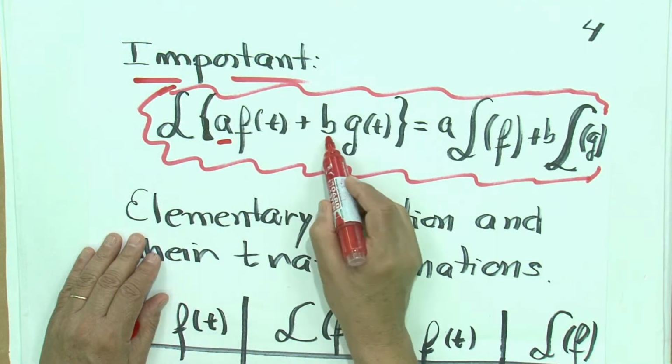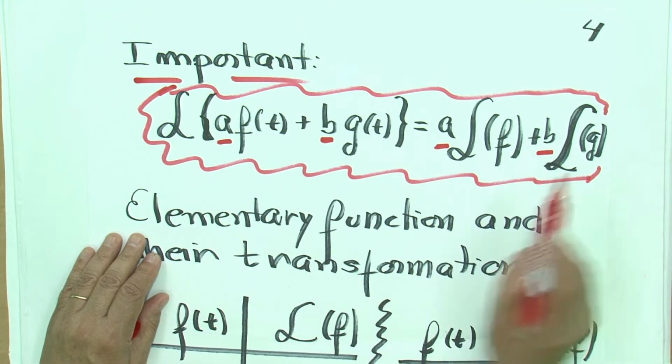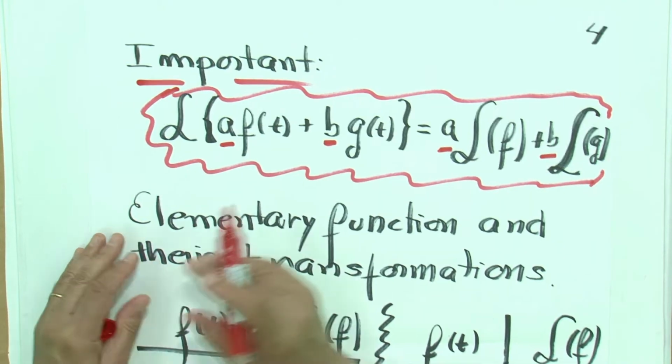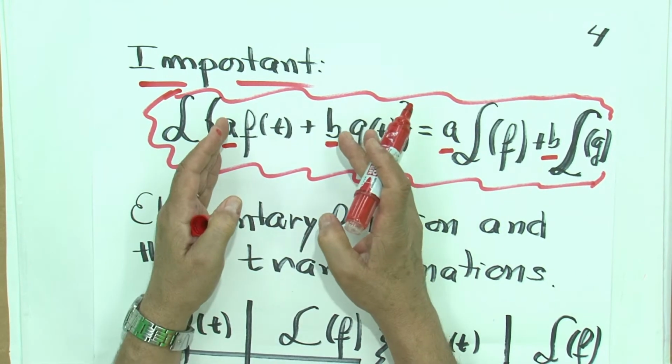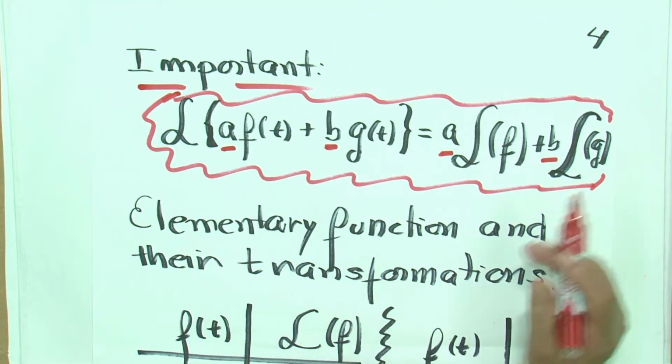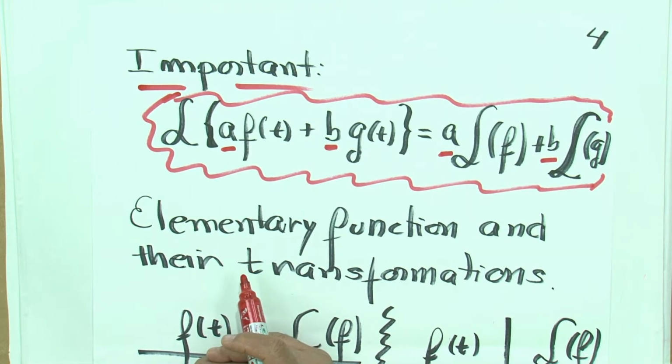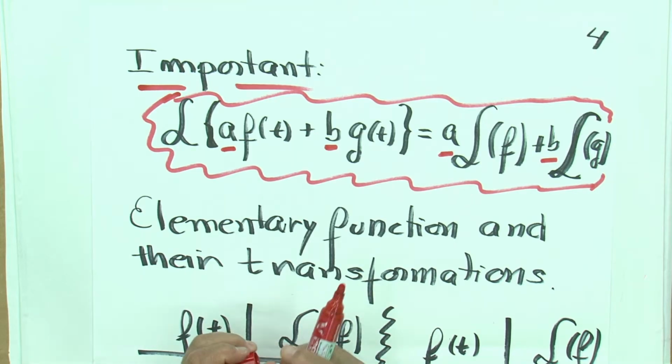So the constants that appear here also multiply the Laplace transform. Right? And this is important. It's very important to know that and many other properties that we're going to do.